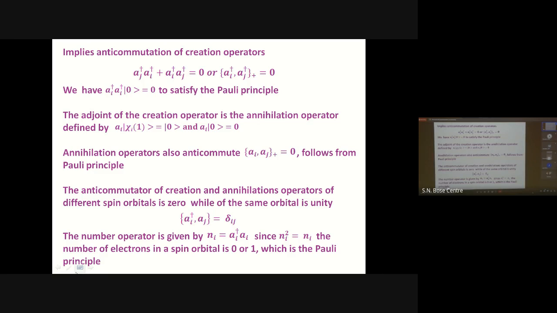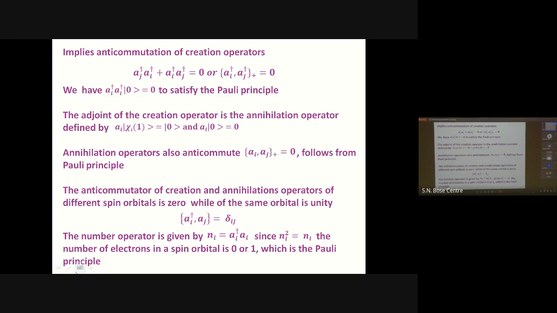It means that a-I dagger a-I dagger operating on 0 is 0. And if you take the adjoint of these creation operators, you have the annihilation operators. The annihilation operator removes an electron from an orbital. For example, a-I on chi-I removes the electron from orbital chi-I, and so you get the vacuum state back.